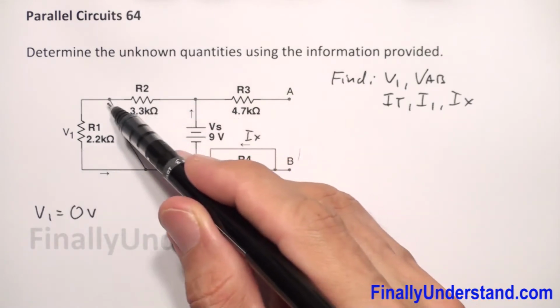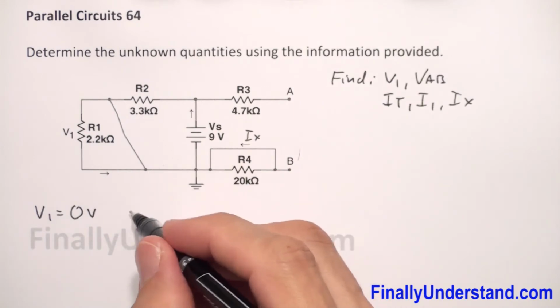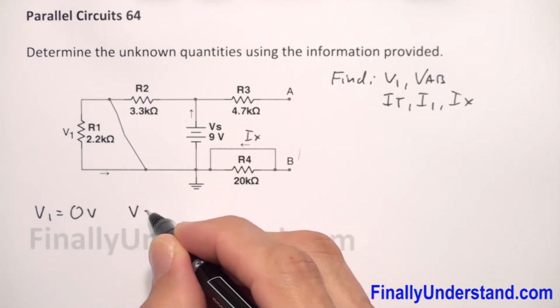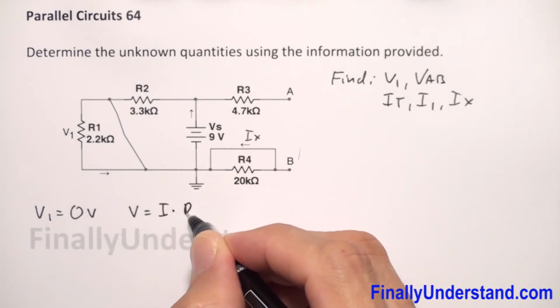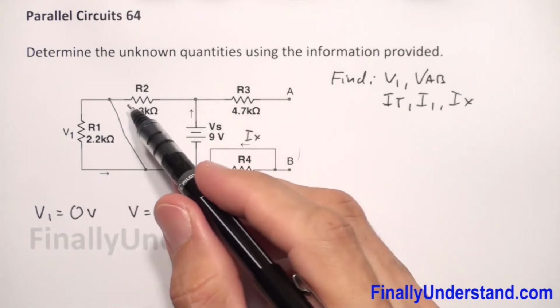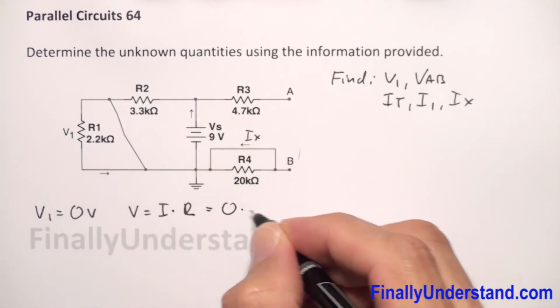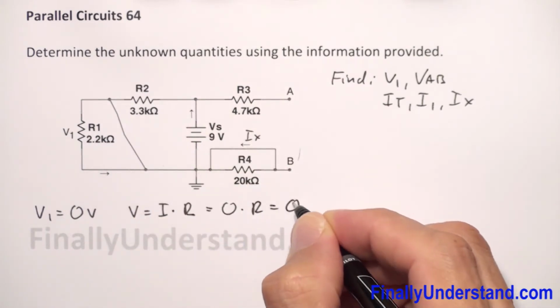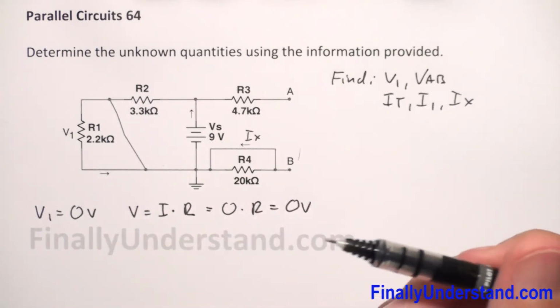Current is going to flow through this piece of wire. Okay, so keep in mind that Ohm's law says voltage is equal current times resistance. If my current is not flowing through this resistance, so my current is equal 0. 0 times any resistance is going to give me 0 volts. That's why my V1 is equal 0 volts.